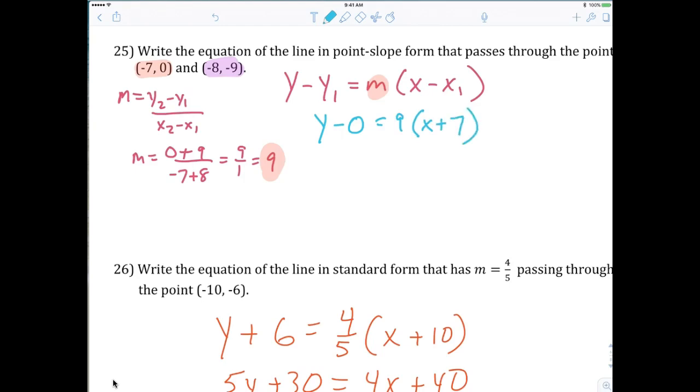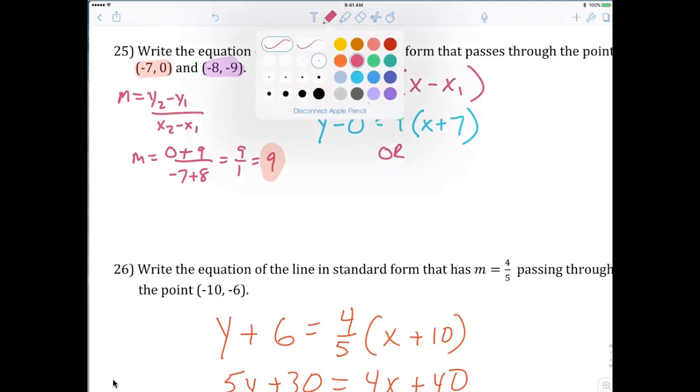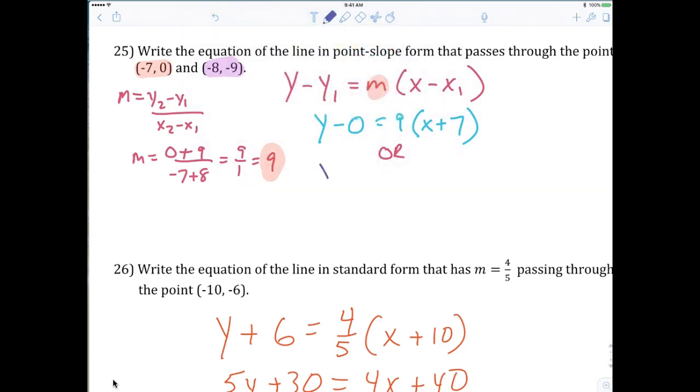That's an answer, and you're done. Or I could write it using the other point, which in this case would be y plus 9 equals 9 times x plus 8.